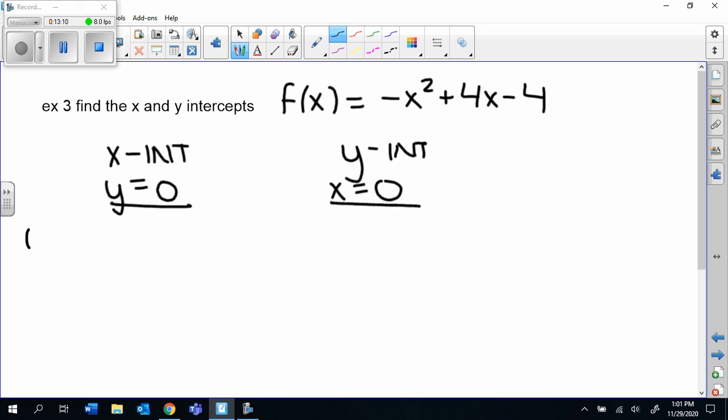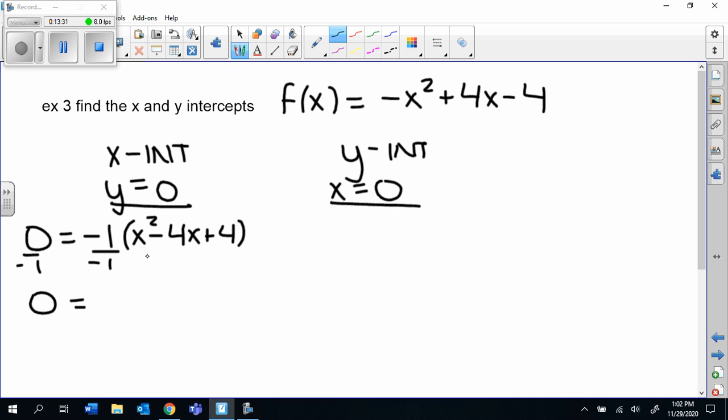So if I plug a 0 in here, I don't like that this starts at the negative because I did set this one up to factor, so I'm going to factor out that negative 1. I'm going to get x squared minus 4x plus 4. My negative 1 can just divide out to the other side.